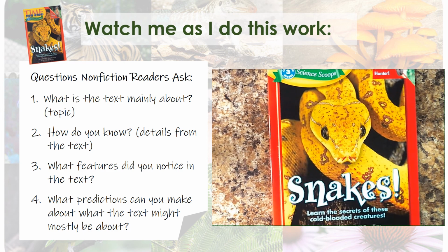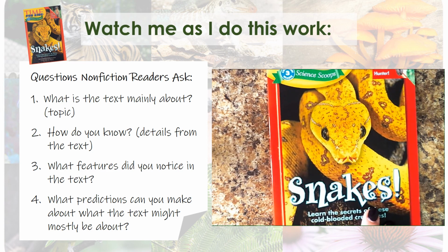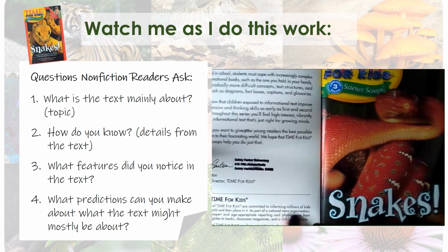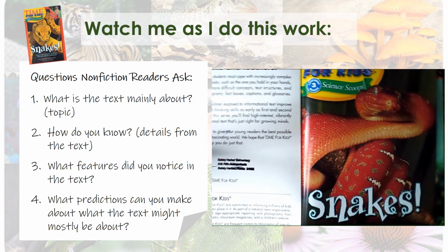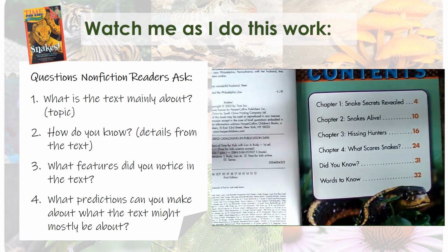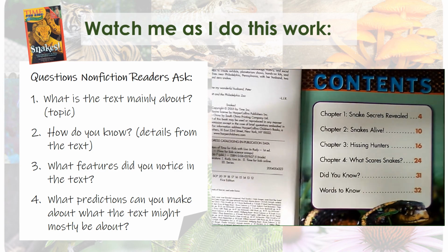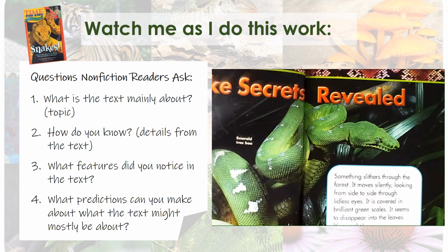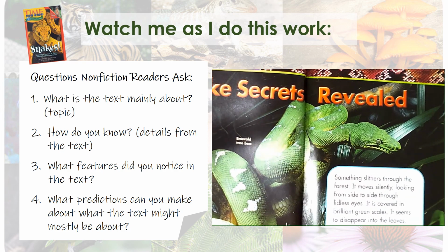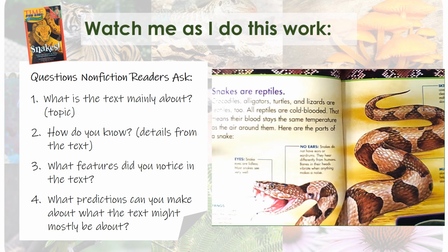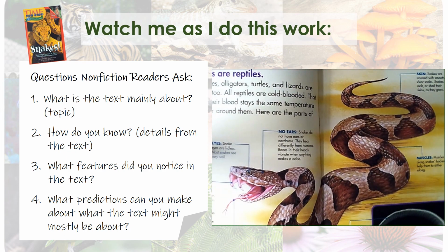On the front cover, I can see that the title is Snakes, a picture of a snake. More snakes. Ooh, okay. This could be helpful later on. Snake secrets revealed. Here's a diagram of a snake.